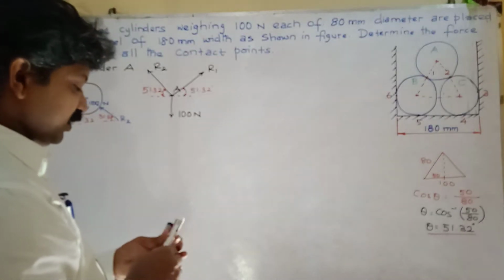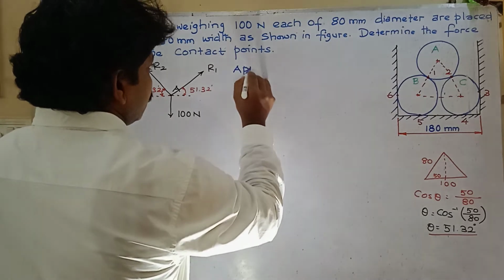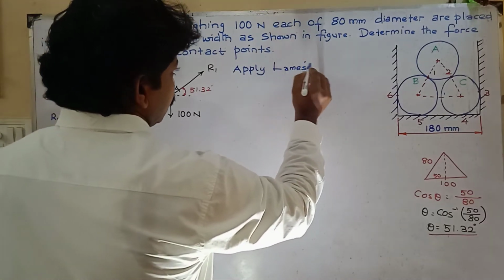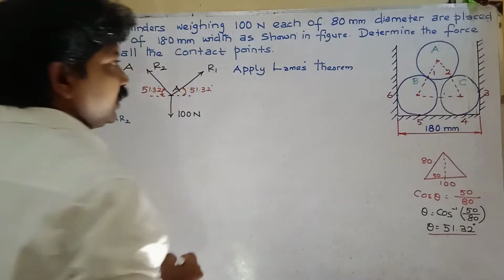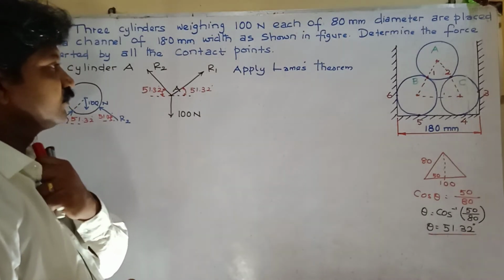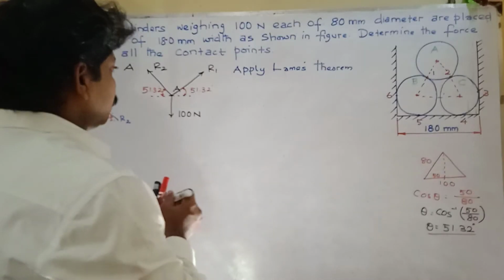So apply Lami's theorem. Three forces acting at a point are in equilibrium. Then each force is directly proportional to the sine of the angle between the other two forces.